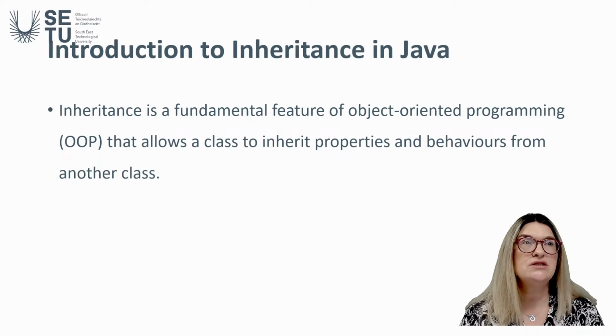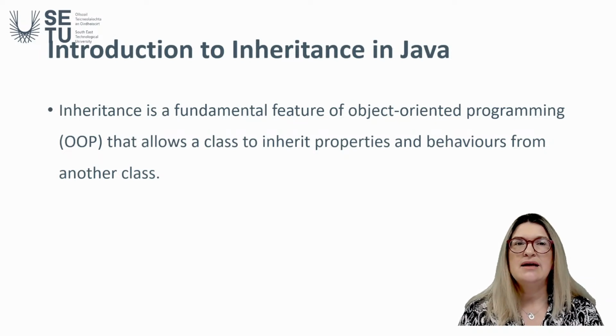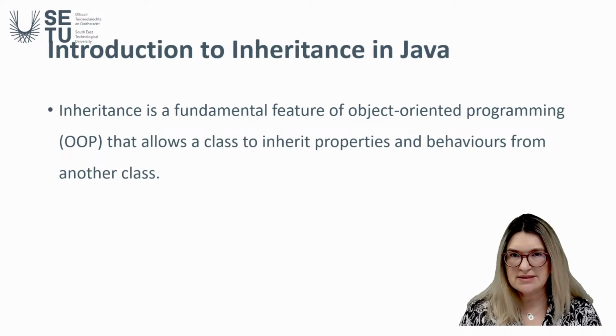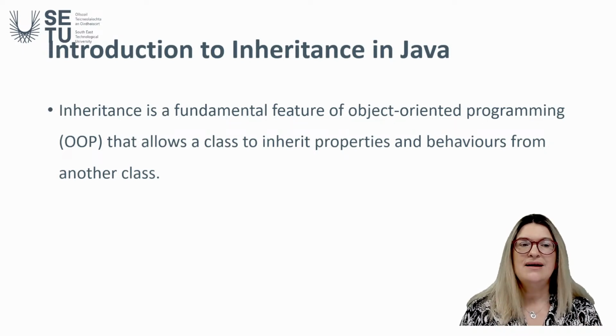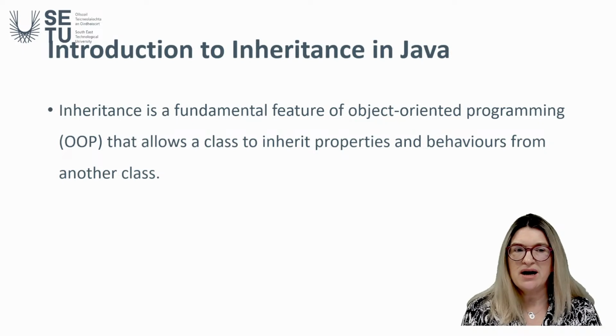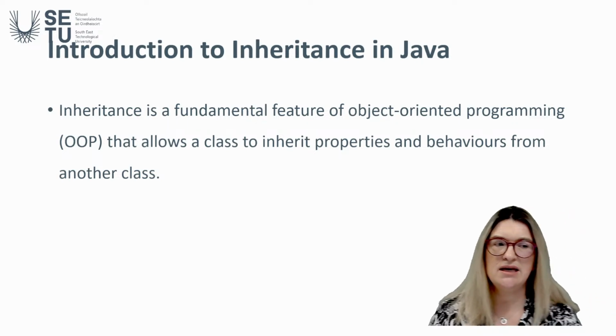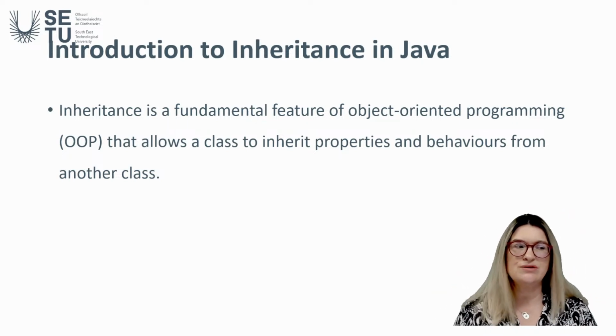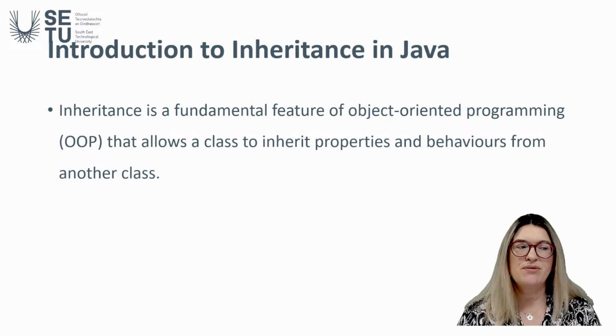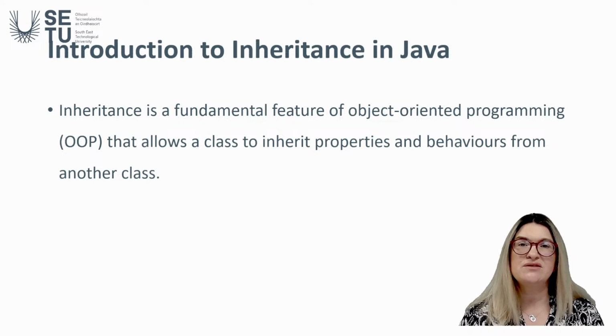So code and fields that are shared across different things would be in the general part. And then the different things, i.e. the more specific classes, would inherit that general information.